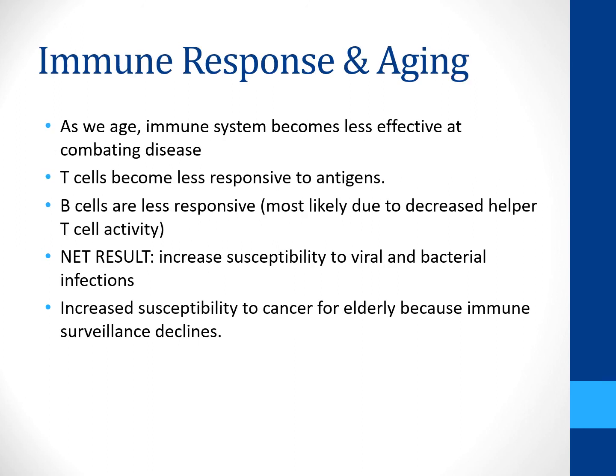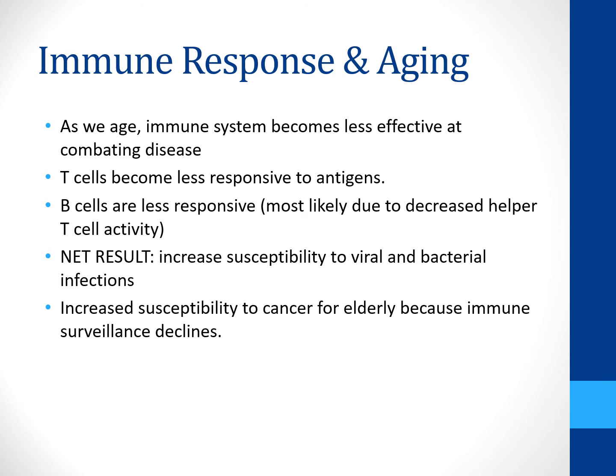As we age, our immune system takes a hit, as well as most of our other systems. So the immune system becomes less effective at combating disease as you get older. T cells become less responsive to antigens. B cells are less responsive, most likely because there's decreased T helper cell activity.